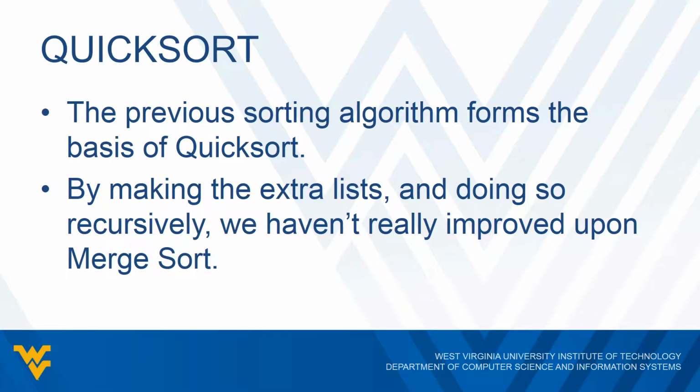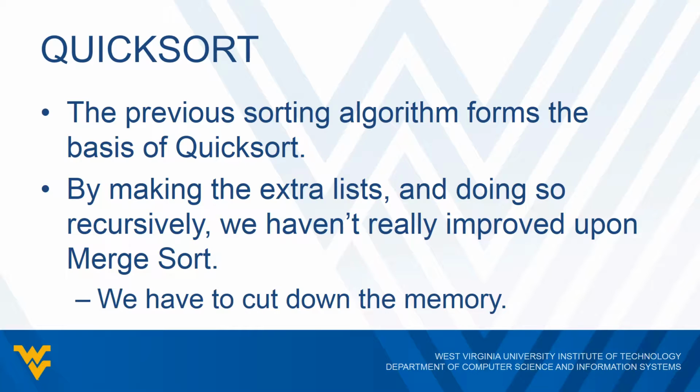So we're putting all these elements into these newly formed lists, and then if we're doing this recursively, we really haven't made any improvements compared to the merge sort algorithm. So the challenge here is we need to make sure that we cut down the memory that we're using.